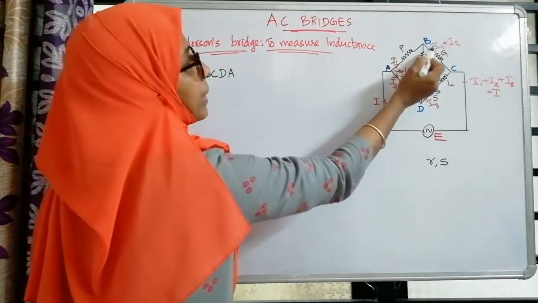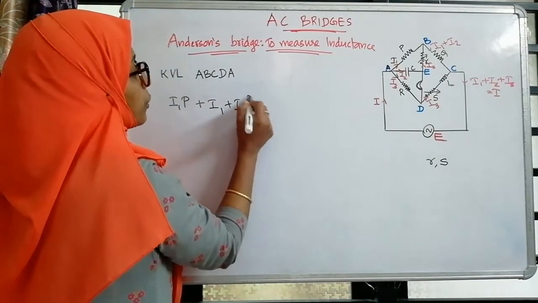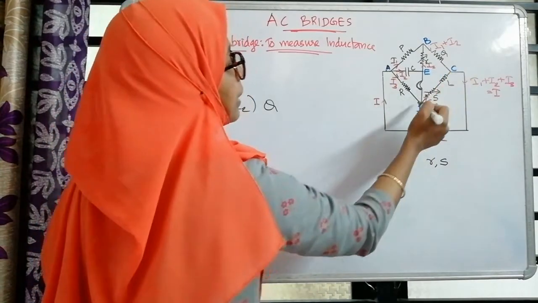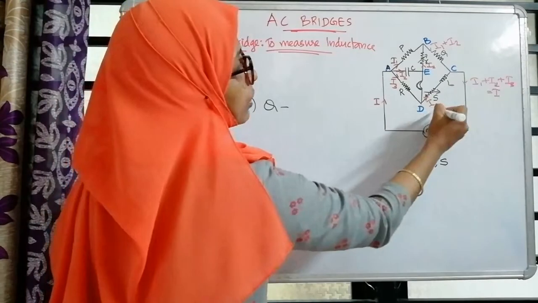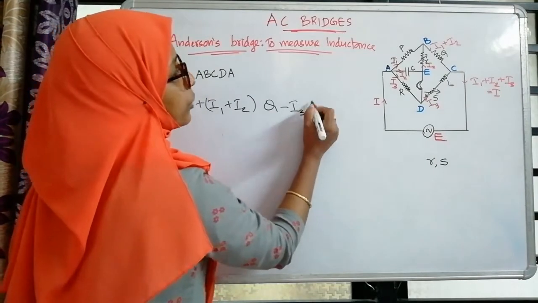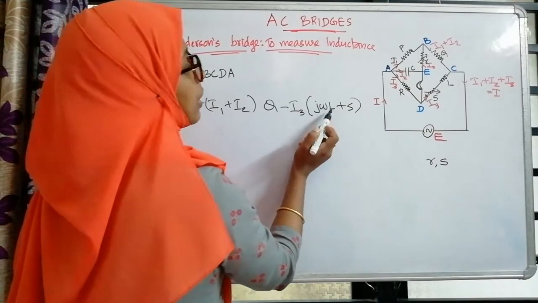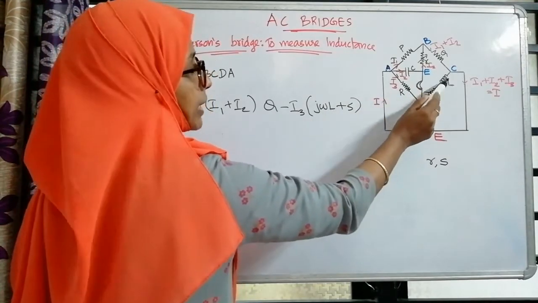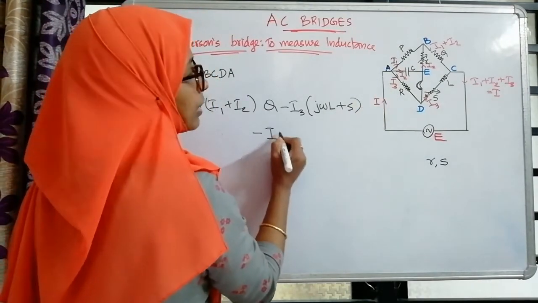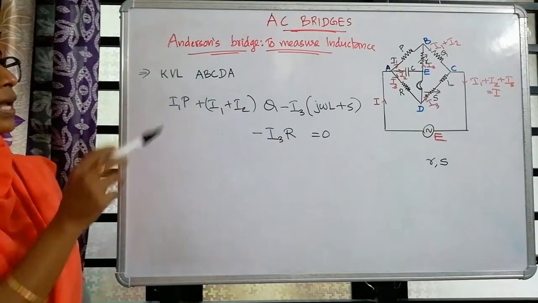Now BC, I1 plus I2 into Q. Now CD, A, B, C, D, the I3 is along this direction, but we are coming in this direction, so it will be negative: I3 into (j omega L plus S), where j omega L is the impedance effect across the inductance. And in this arm also I3 is negative, minus I3 into R equal to 0, as the Kirchhoff voltage law in the loop A, B, C, D, A.